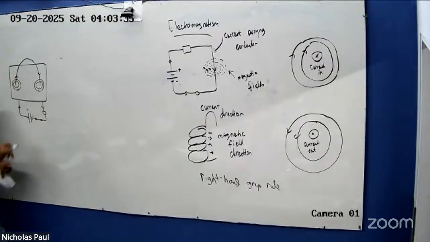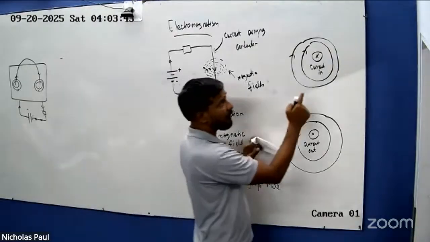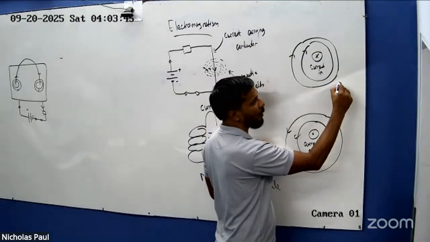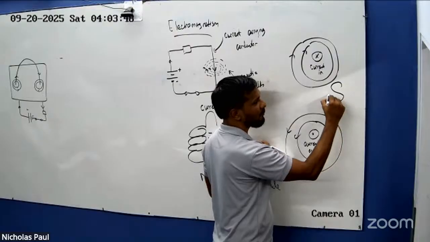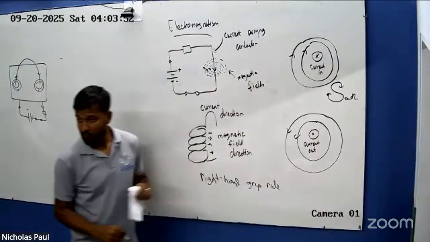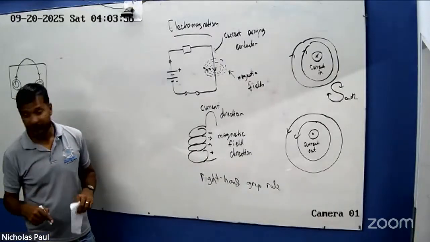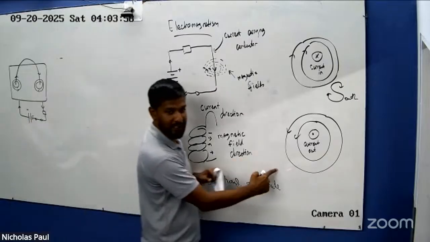Right. One thing that we have to figure out now is which of these is north and which of these is south. Here's how you can remember it. Whenever you have something going clockwise, it's a south pole. Yes, kind of clockwise. And now look at the anti-clockwise.